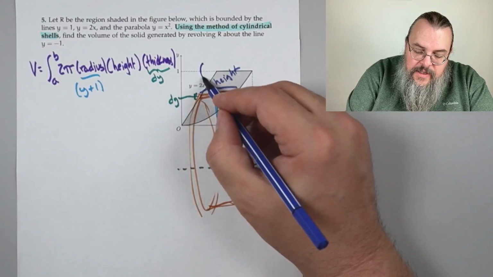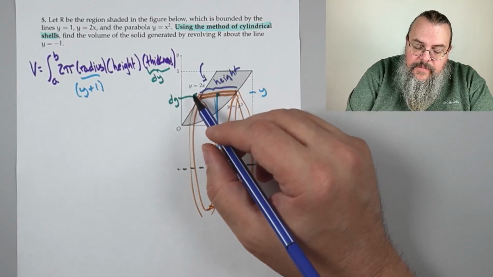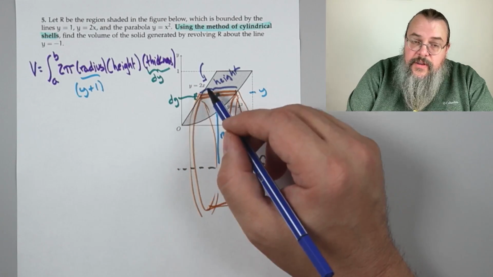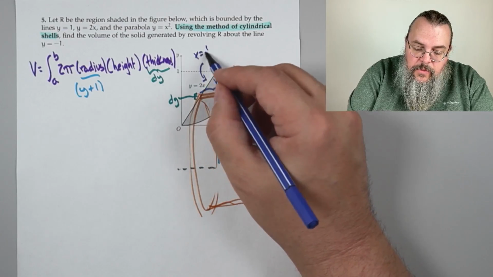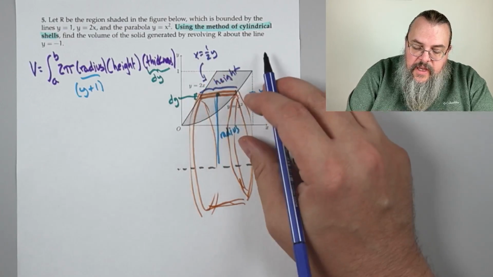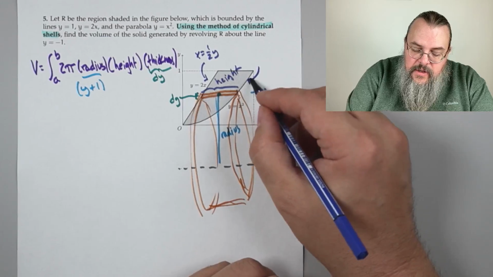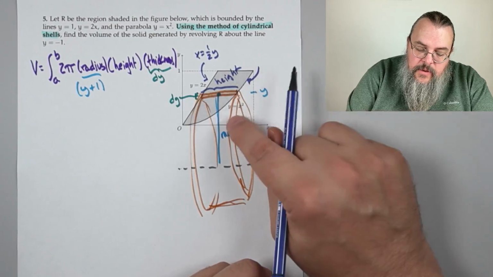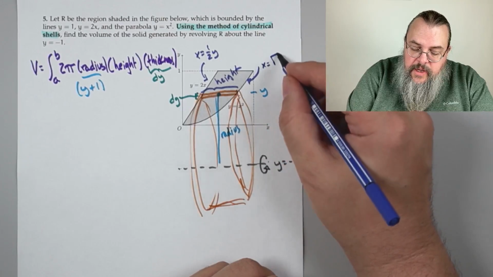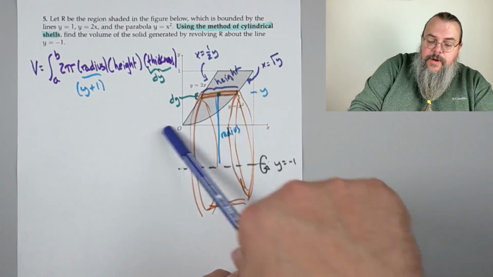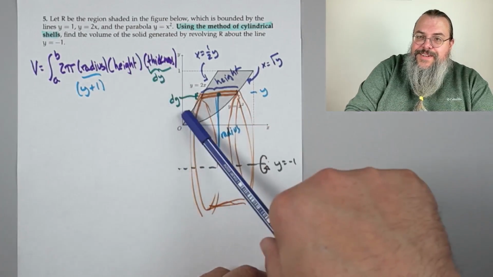So on the left-hand side, we want this as a function of y, so we're going to solve for x. We say x is 1/2 y. And on the right, if y equals x squared, x is positive square root of y. Negative square root of y would be this part of the parabola.